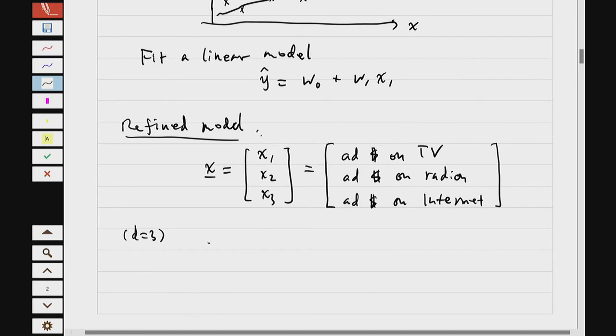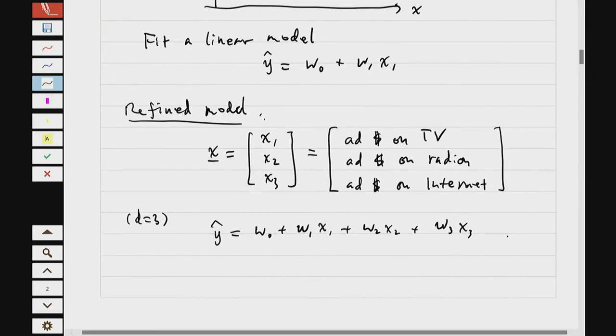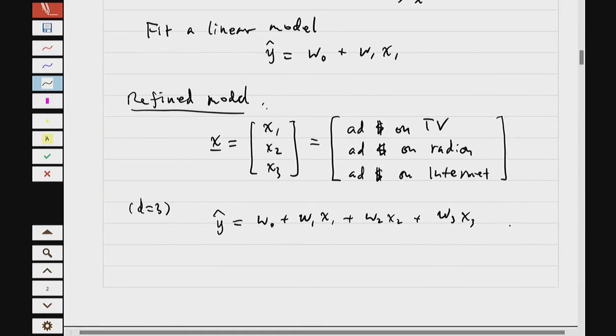Y hat is going to be equal to w0 plus w1 x1 plus w2 x2 plus w3 x3 like that. And these weights, the w's, just indicate how much emphasis you should put on that particular value of advertisement.